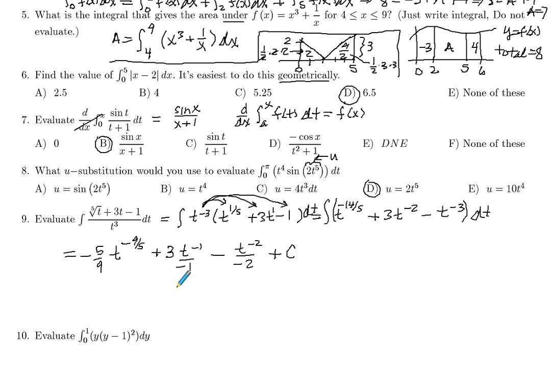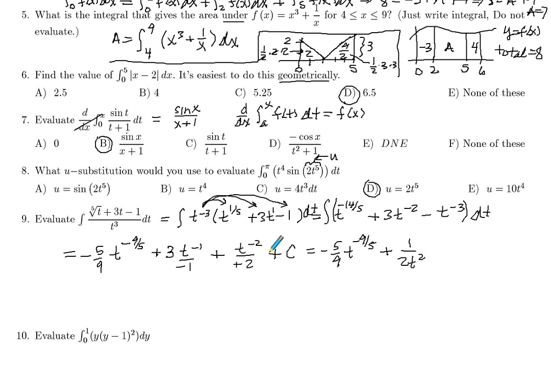And a little bit of simplifying here. Well, actually, you don't have to simplify on the exam, but notice here the double negative would make a positive. This negative we could bring out in front. So this would be negative 5 ninths t to the negative 9 fifths. And then let's see here. T to the negative 2 on the top is t squared on the bottom. So this is plus 1 over 2t squared.